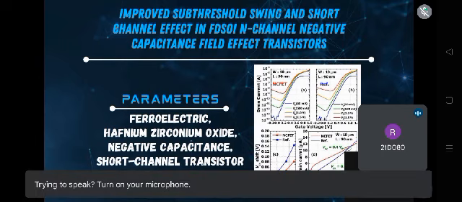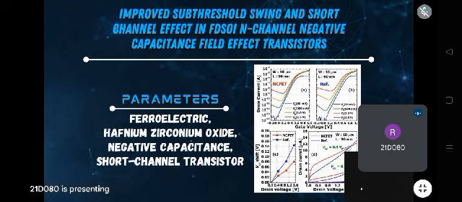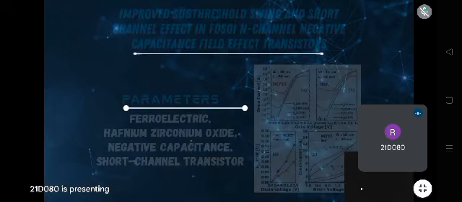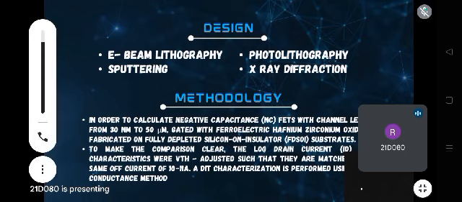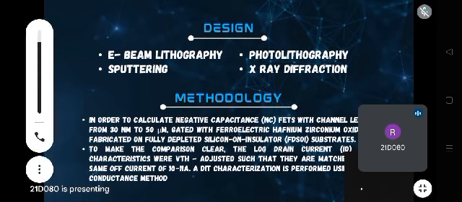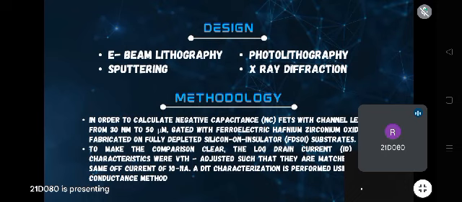That causes a rapid increase in the comparison of the graph as shown in the figure. Then we include the design parameters such as electron beam lithography, sputtering, photolithography, X-ray diffraction. As we all know, these are the basic techniques to coat the substrate, which includes different efficiency modeling methods.